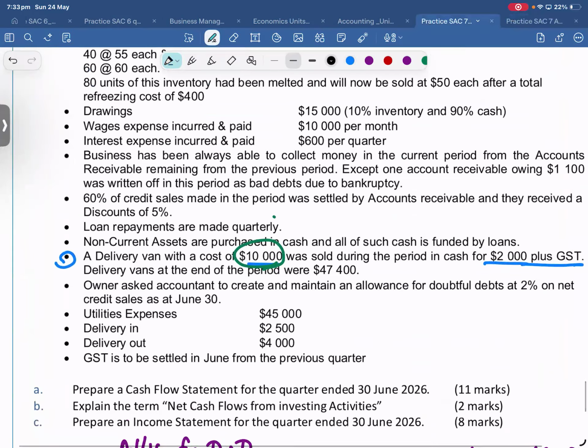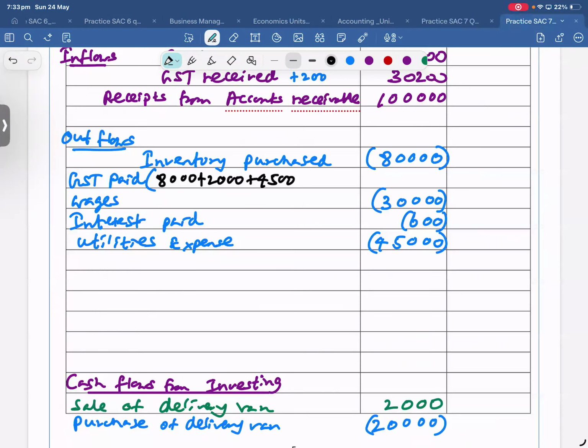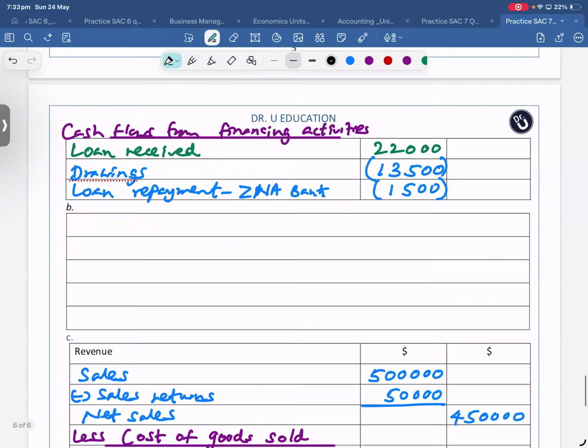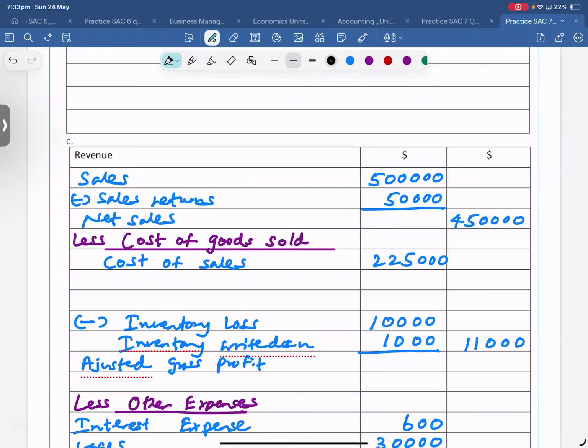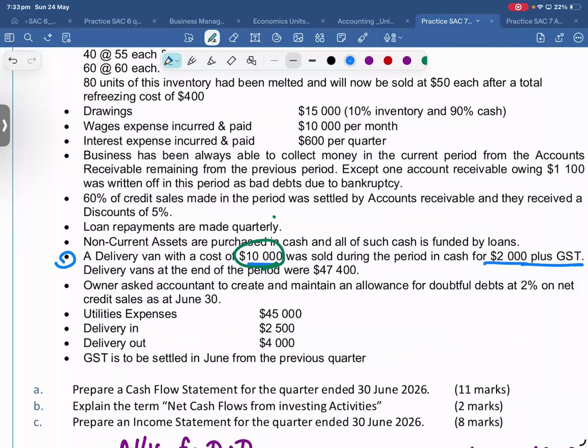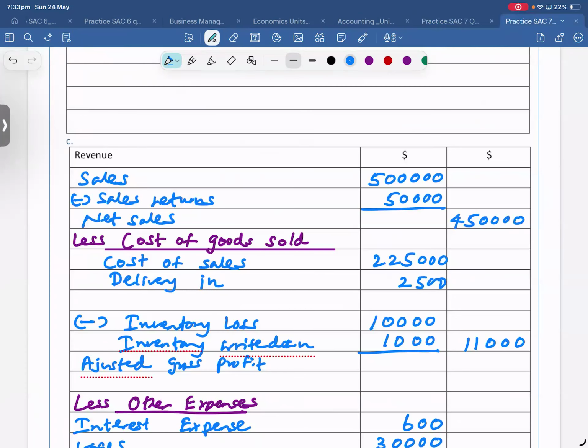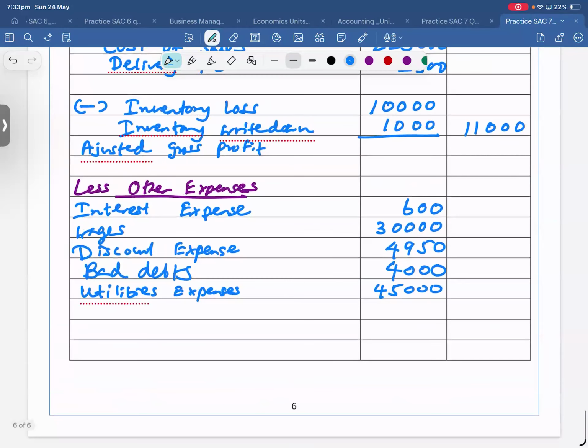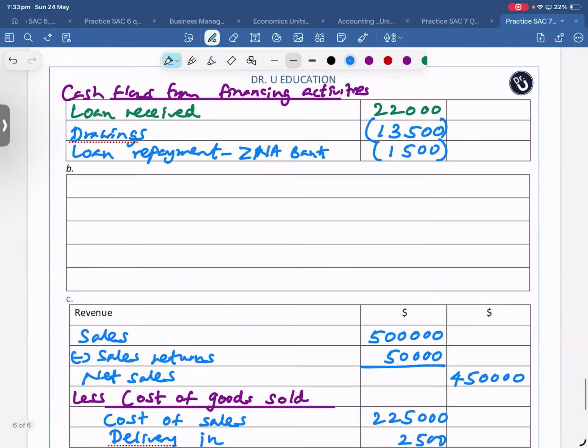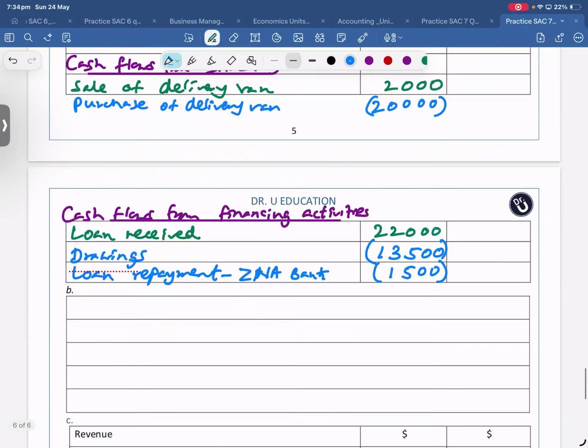Delivery in. Where do we report this delivery in? COGS, yes. COGS delivery in. No, we have to report it here.